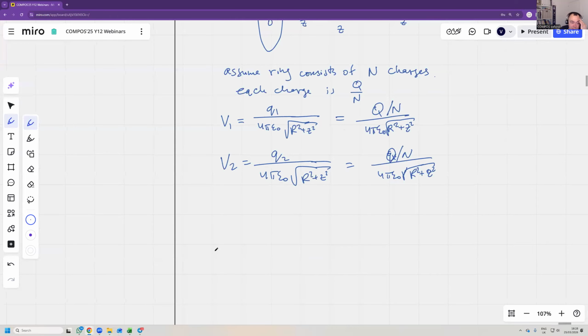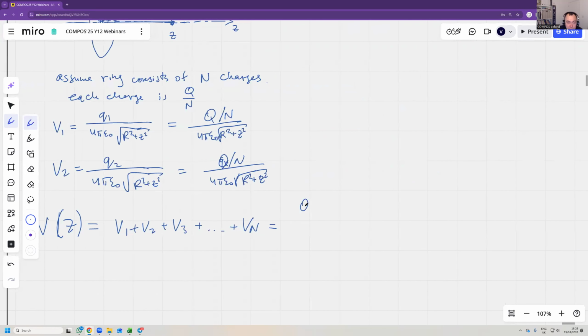Therefore, the total potential at point z, Vz, is V1 plus V2 plus V3 plus etc. plus Vn, because there are n charges. And then we just have Q over n plus Q over n plus etc. plus Q over n, divided by 4 pi epsilon naught square root of r squared plus z squared.